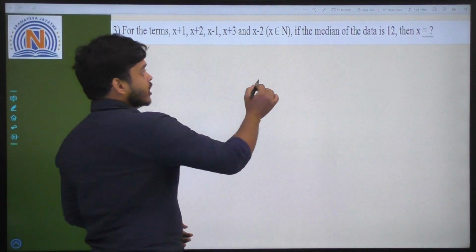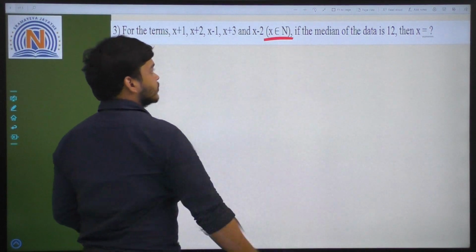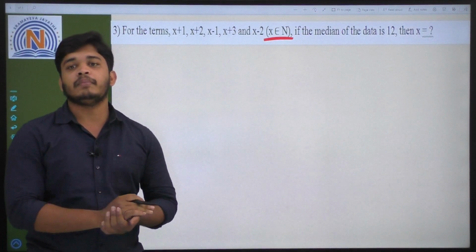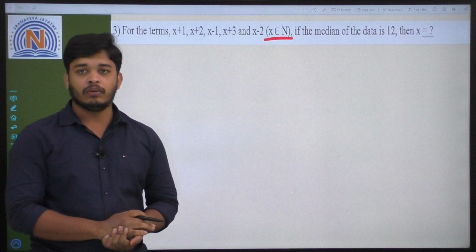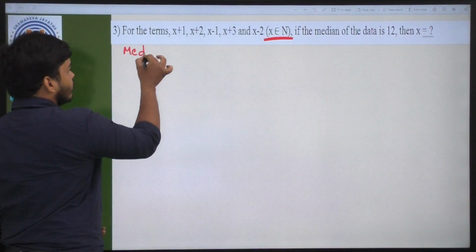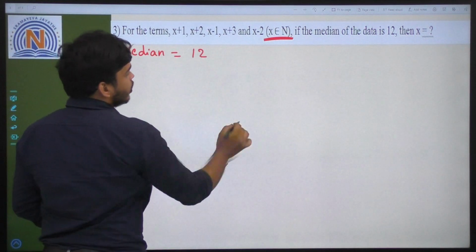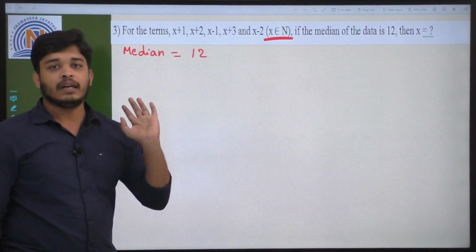Here x belongs to natural numbers. If the median of the data is 12, median is given as 12, we need to calculate the x value. x must be a natural number.